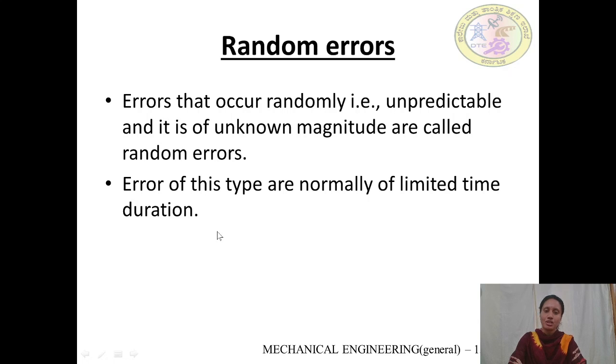But when we compare random errors with systematic errors, systematic errors appear regularly and repetitively. When you make measurements, they will be of fixed magnitude.